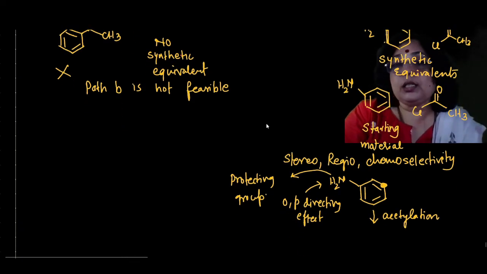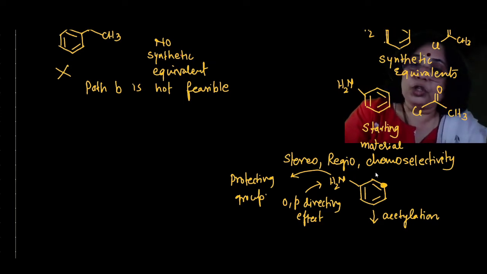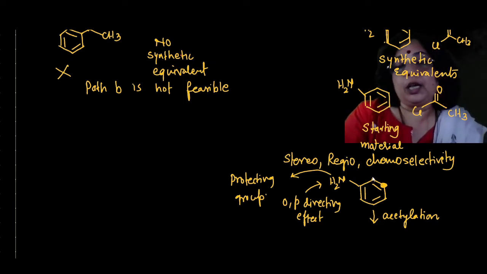And when we start the synthesis, we observe that the NH2 group undergoes acetylation first, and then even if we proceed with the acetylation, the ortho position is also blocked because of the bulkiness, and the incoming acetyl group will occupy the para position. So the meta position will still remain vacant.